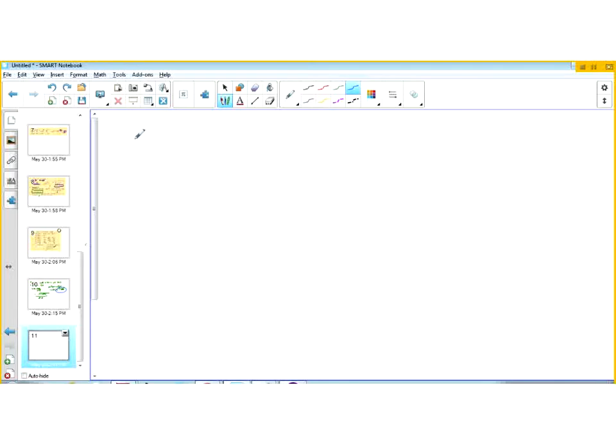All right, so next problem, suppose I let cosine theta equal negative 7/12, and theta is in quadrant 3.